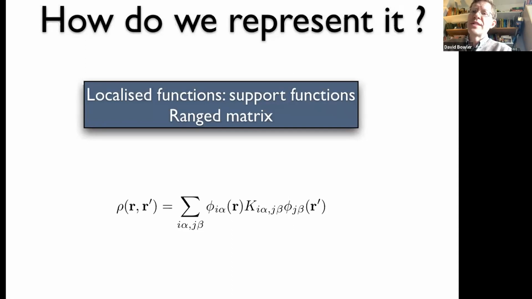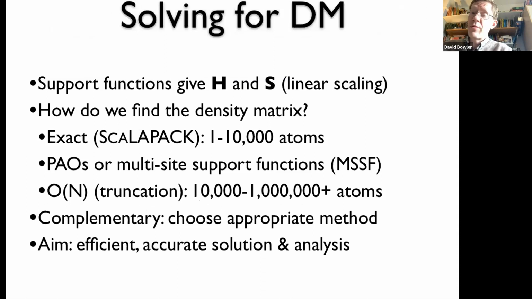Now, how do we solve for the density matrix? Well, we start by calculating the Hamiltonian and an overlap. Those are always found with linear scaling computational effort. To calculate the density matrix itself, we use two approaches. One is to do exact diagonalisation, so to take those Hamiltonians and feed them into ScaLAPACK, or we're also looking at the ELPA routine.